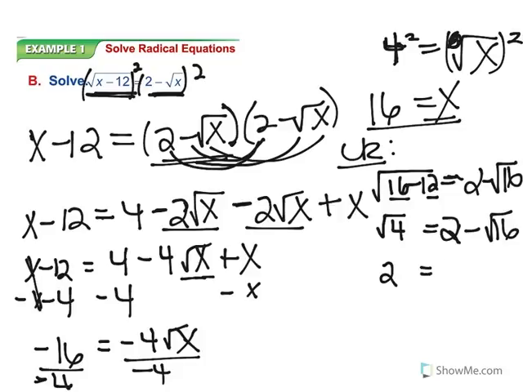The square root of 4 is 2. The square root of 16 is 4. So 2 equals 2 minus 4. Now we see that 2 equals negative 2, because 2 minus 4 is negative 2. Those do not equal each other. So since this solution does not check, there are no real solutions for this equation.